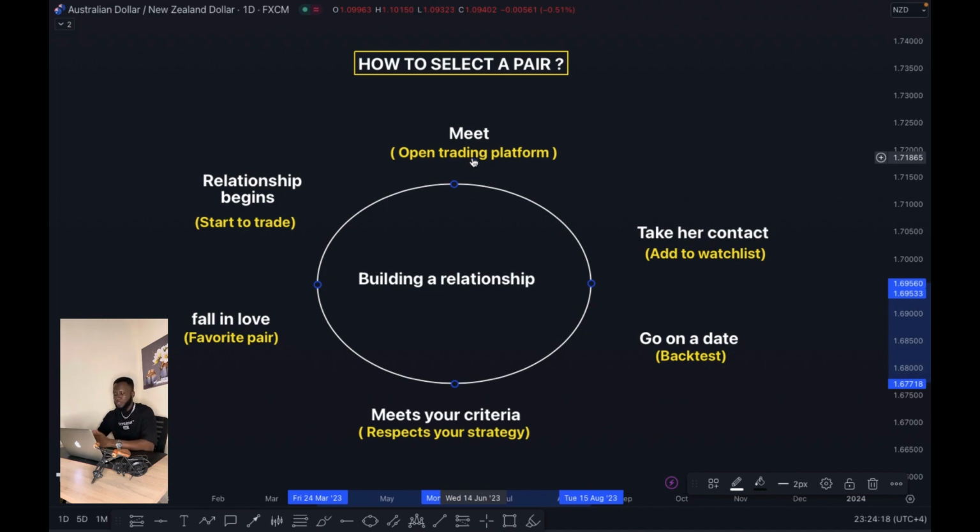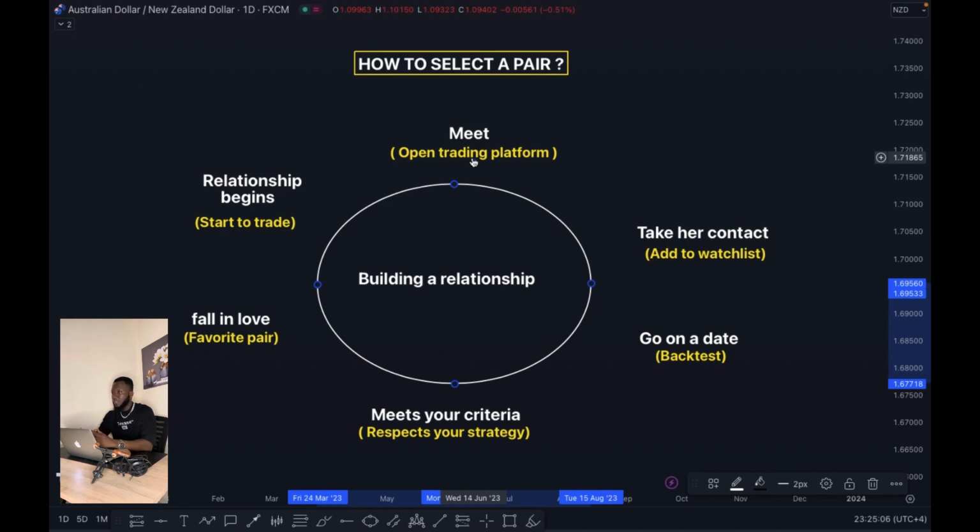And if it matches your criteria, if this pair is actually respecting your strategy that much, that is when you fall in love with the pair, right? You begin to love this pair. Whenever you see this type of setup on this pair using your strategy, it's always playing out. So personally, I know people who have certain pairs attached to their names, like Nasdaq Killer, Gold Master, Euro USD Lover, GBP USD, whatever, because these people love these pairs.